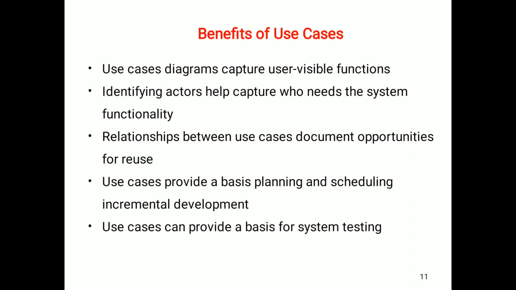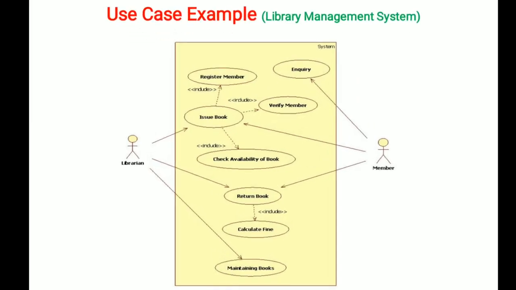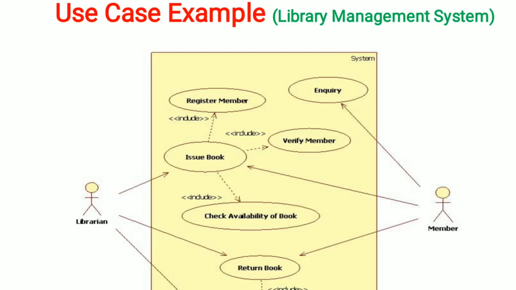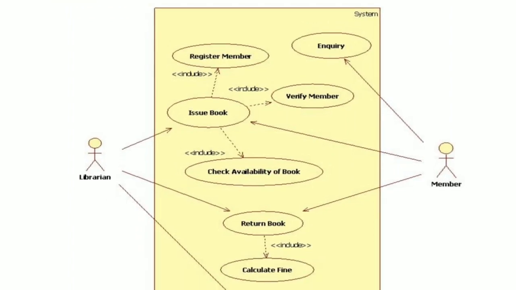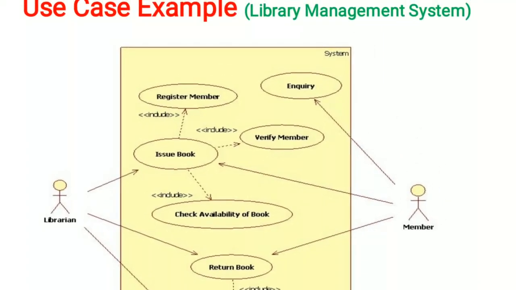Now here we can see one diagram finally. What is this diagram of? A library management system. Here are the actors, the librarian, and the member, who may be a student or a staff. First of all, the member will make an inquiry, then the librarian will check whether they are registered members.